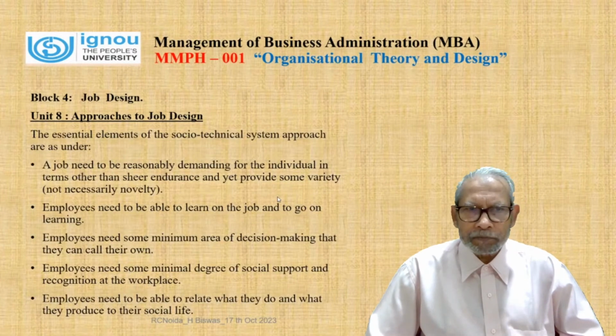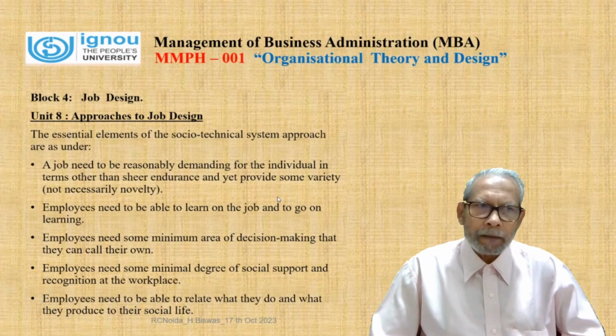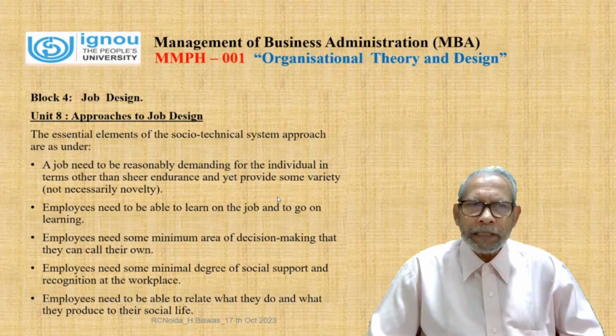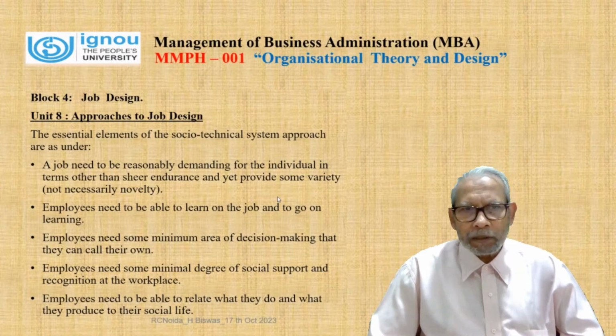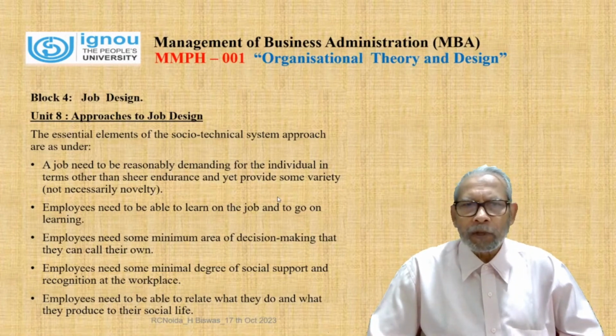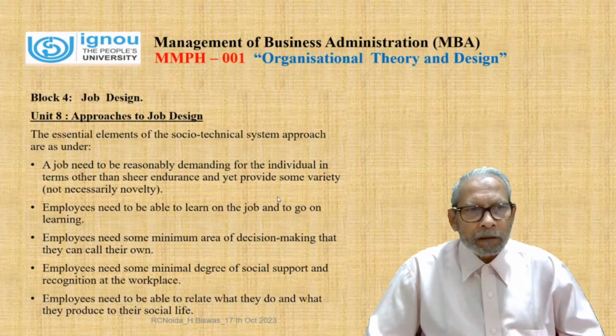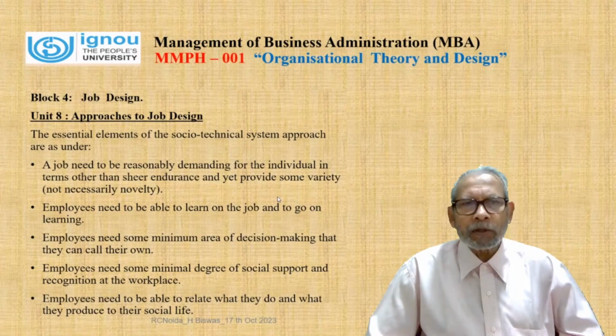Essential elements of the job in the socio-technical system approach are as follows. A job needs to be reasonably demanding for the individual in terms other than sheer endurance, and yet provide some variety. This is not necessarily novelty. Employees need to be able to learn on the job and to go on learning.